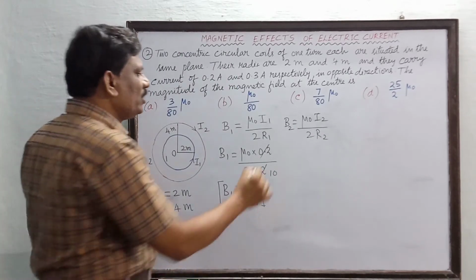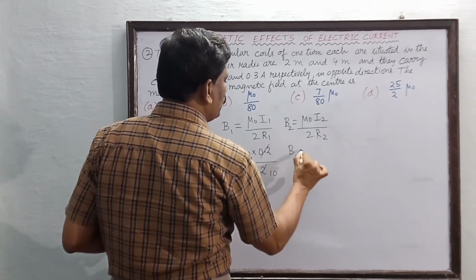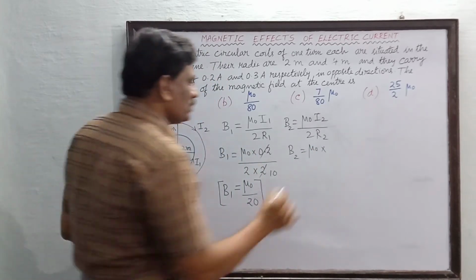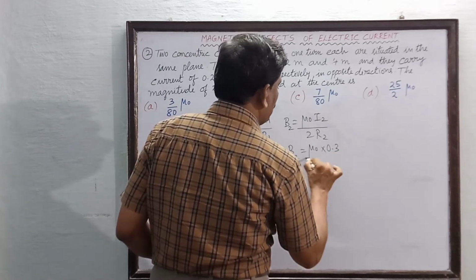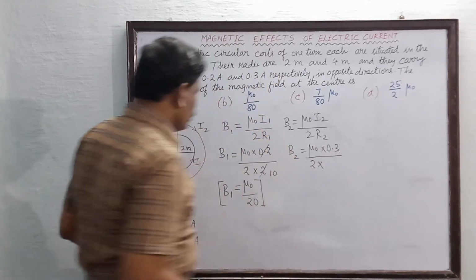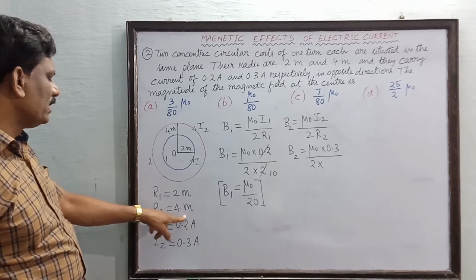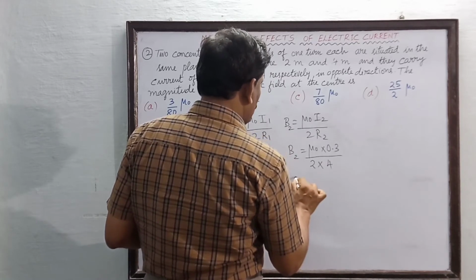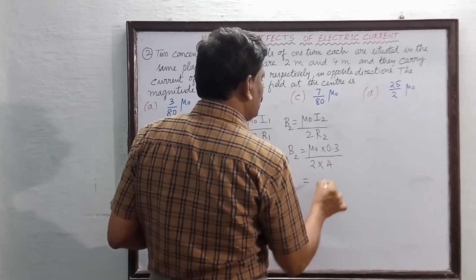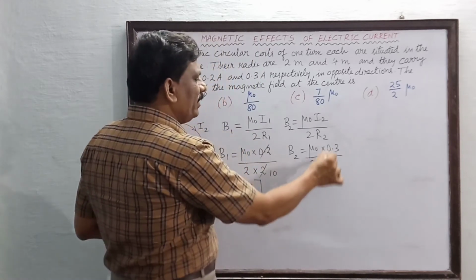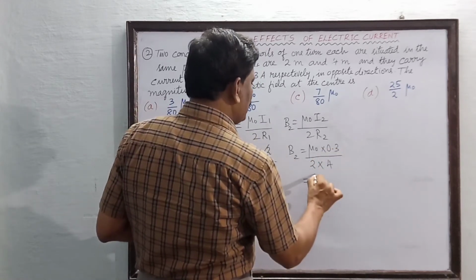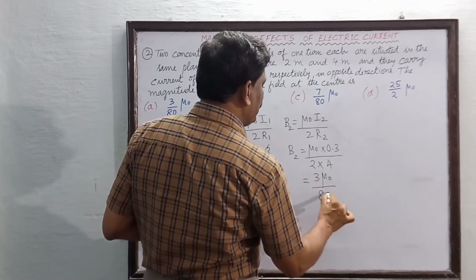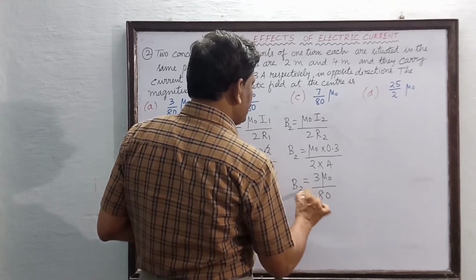Substituting the values of I2 and R2, B2 is equal to mu naught into 0.3 divided by 2 into the radius, which is 4 meter. I will multiply by 10 on both sides, so that B2 is 3 mu naught divided by 80, 3 by 80 mu naught.